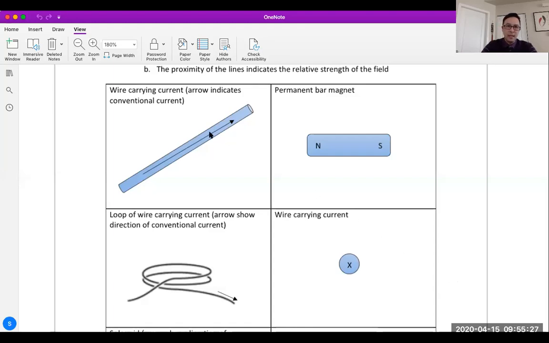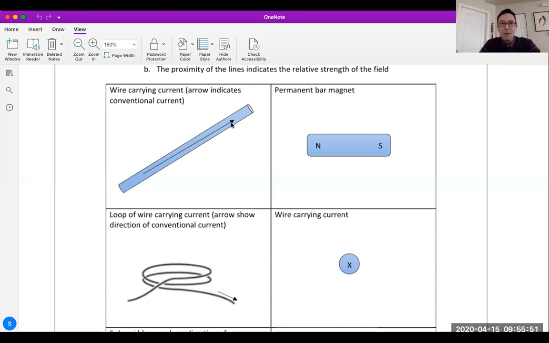You can see here, this arrow indicates the direction of current. Now, when you see an arrow like that, that's going to be conventional current. And remember, even though it's not the way it actually works, conventional current is how positive particles move in a wire. Now, we actually know that real current is electrons moving.